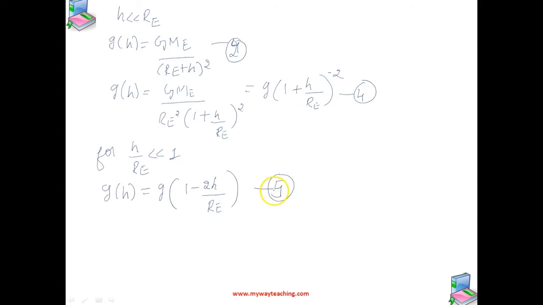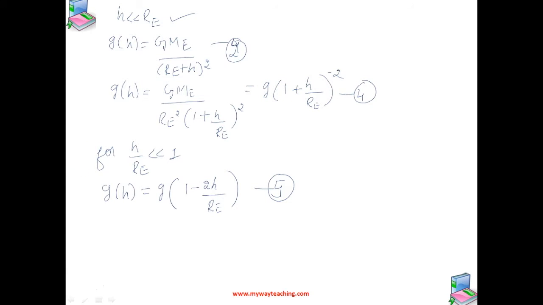So this equation number 5 tells us that for a small height h, the value of g decreases by a factor of 1 minus 2h by re. When we consider h very much less than re, the acceleration due to gravity above the surface of the earth is given by g into 1 plus h by re whole raised to minus 2.